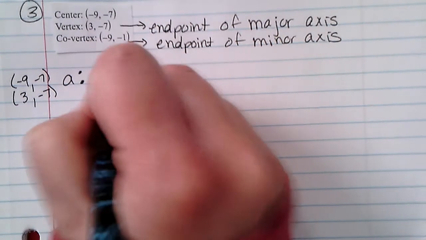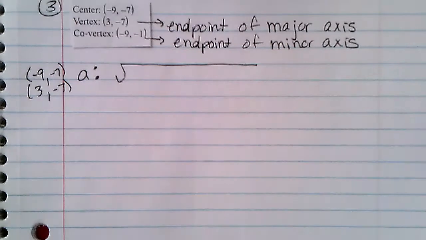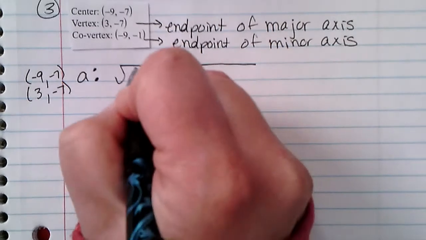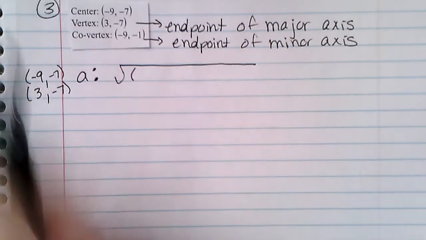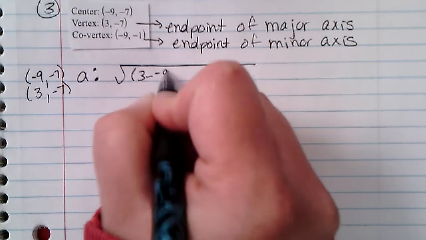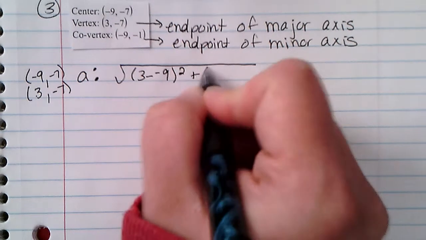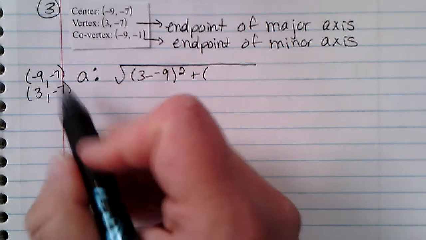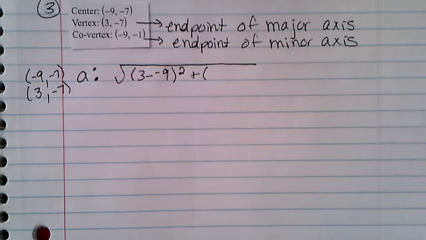The distance formula is the square root of, and this is in one of your slides if you need it, x2 minus x1, so 3 minus -9 squared, plus y2 minus y1. Here's something you can notice that might make your work quicker if you're comfortable with it.